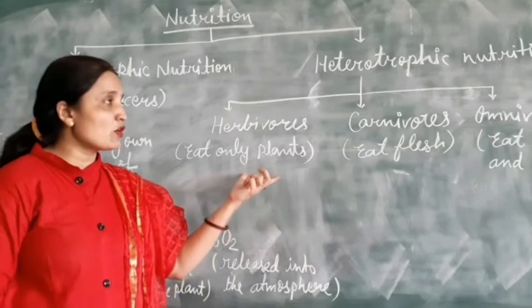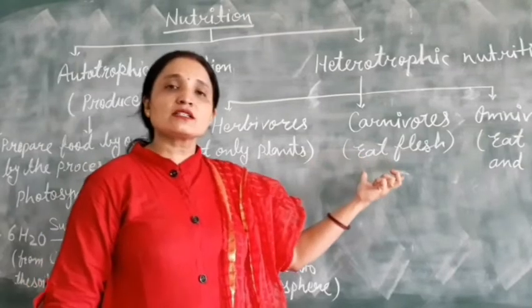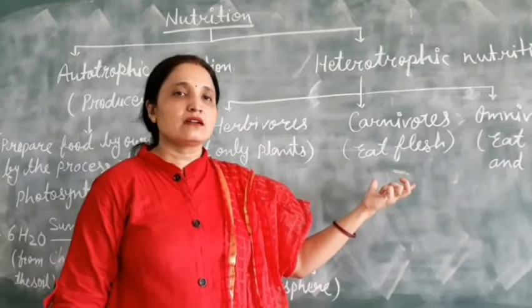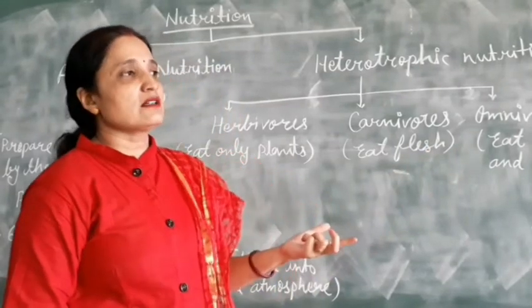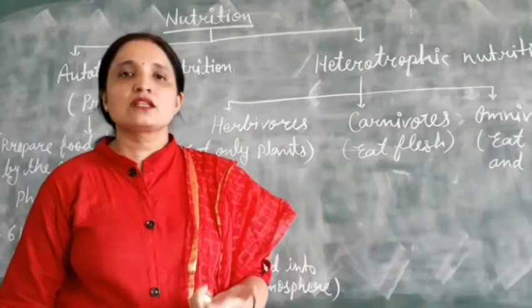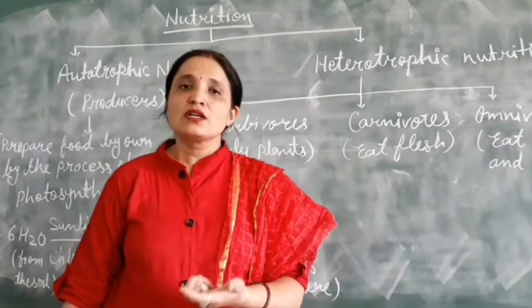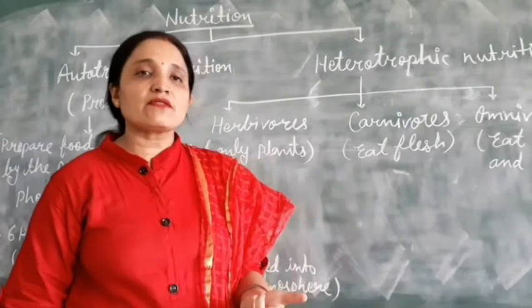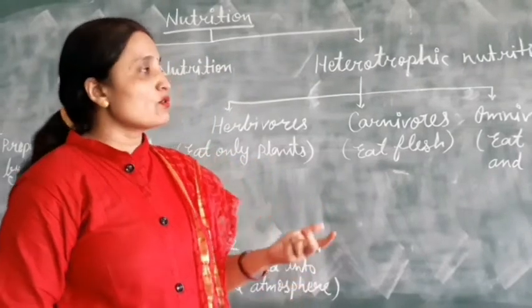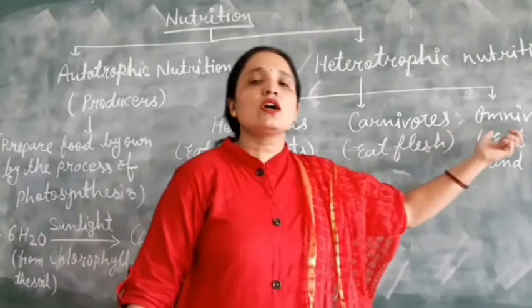Carnivores are lion, tiger. And omnivores, that is us, human beings. We are omnivores because we eat plants and we eat flesh also. So we are an example of omnivores.